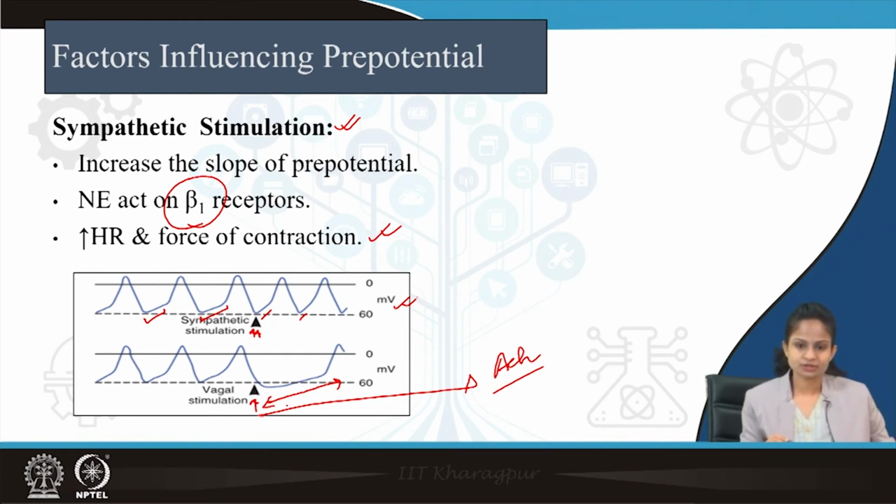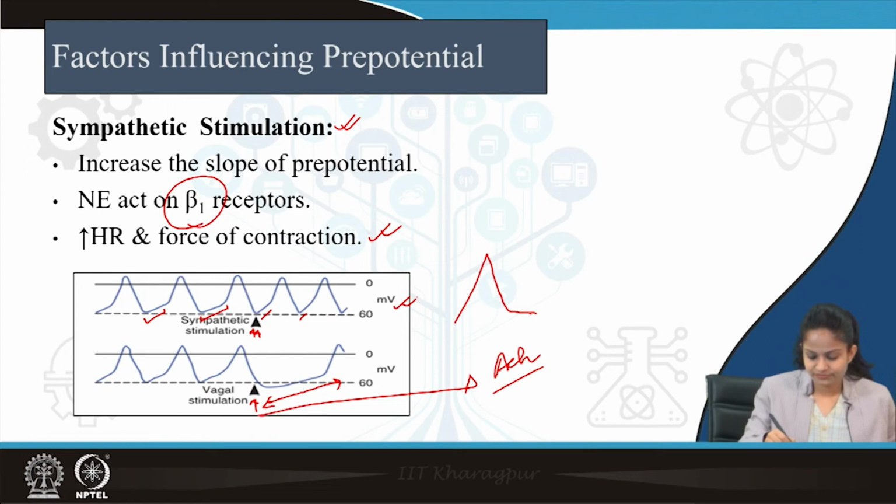The slope will not become as steep as is seen in the case of sympathetic stimulation, rather a delayed or gradual progress of the pre-potential slope is seen.